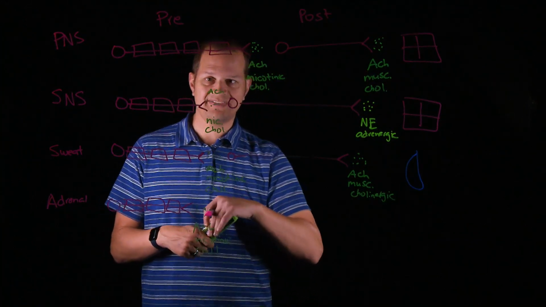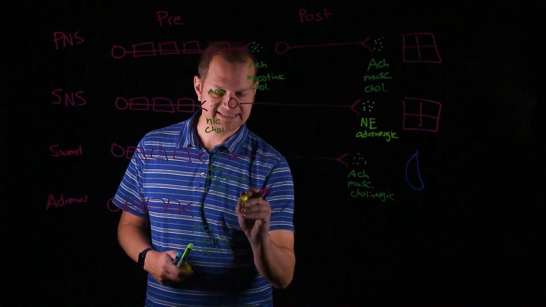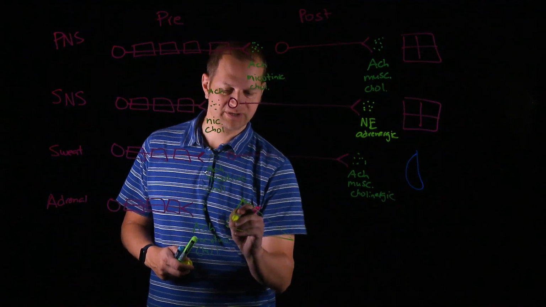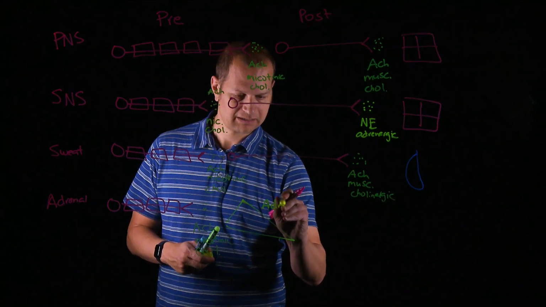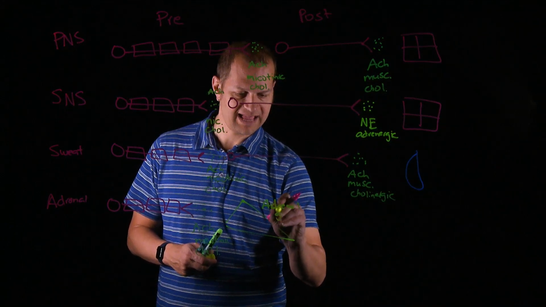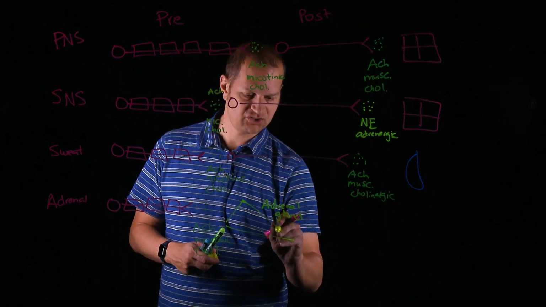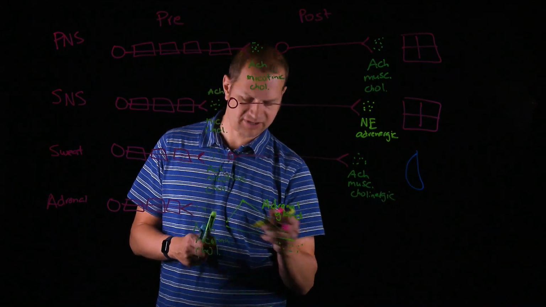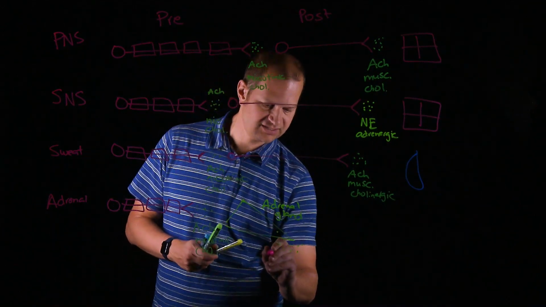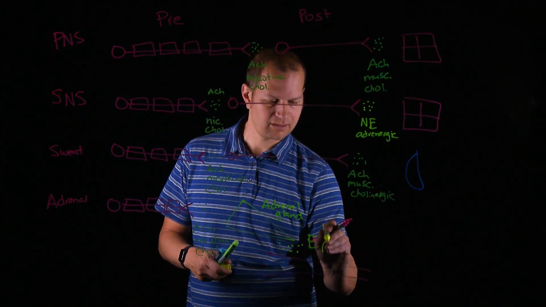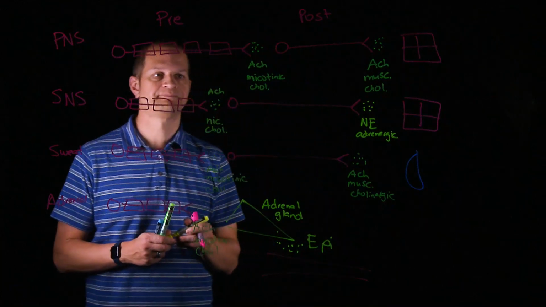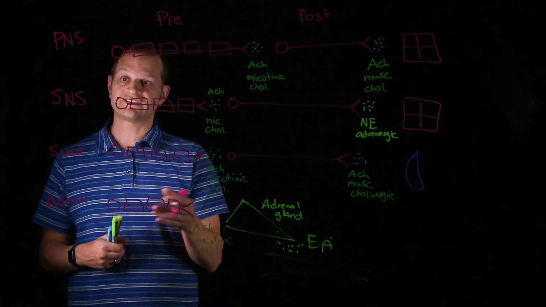But what's different in this case is that it synapses directly with the adrenal gland. So this is my adrenal gland right here. And what happens is the adrenal gland releases epinephrine into, this is my bloodstream here. So we release epi into the bloodstream. Okay, so these are our four pathways.